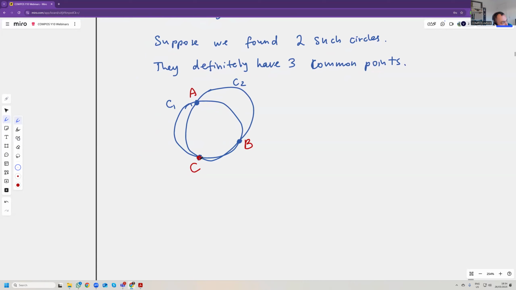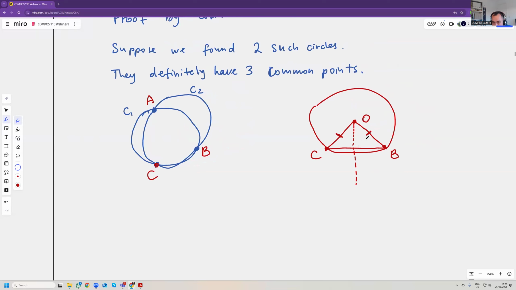And if you have a circle passing through C and B, for example, the center of that circle must lie on the perpendicular bisector of CB, because this side is equal to this side, and this is the center of a circle, and we already know that in an isosceles triangle, the median is also the bisector, and it's also the height.